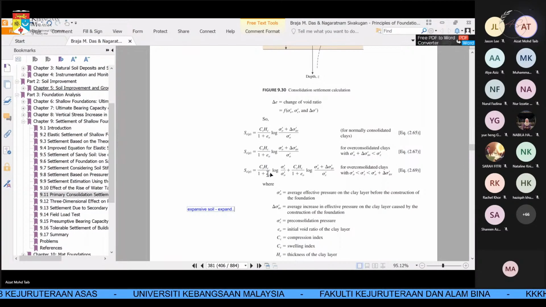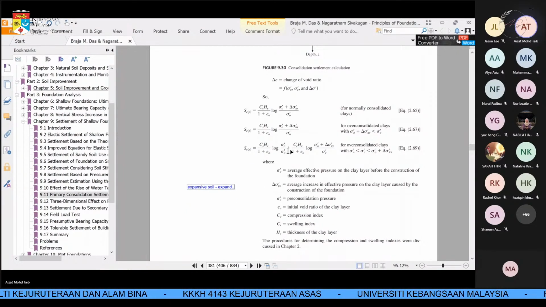Okay, so this equation, as you can see, the difference is you have the Cs ni masih sama, but this one you have the compression index. So if your pre-consolidation pressure is lower, then you have to include your compression index. Okay, alright. So these are the three main equations that you have to calculate.